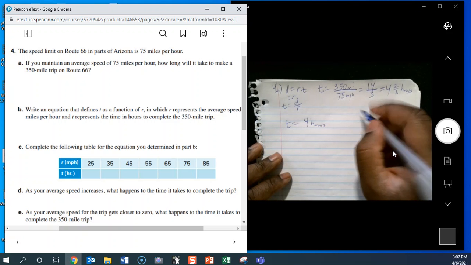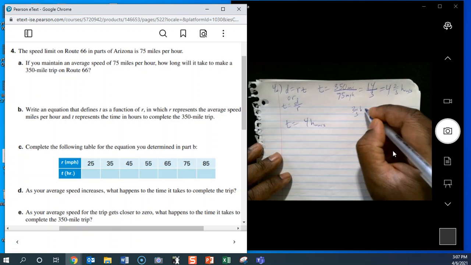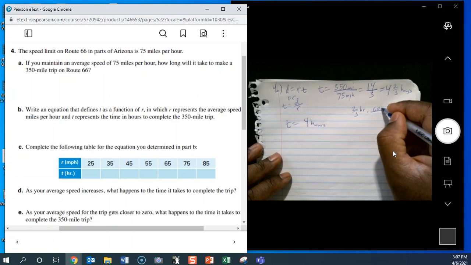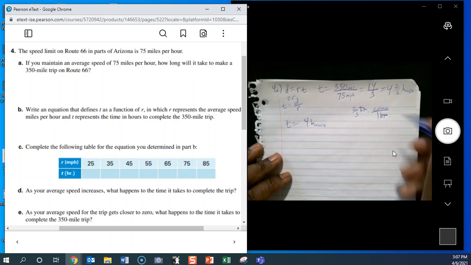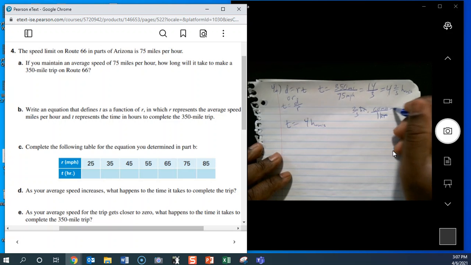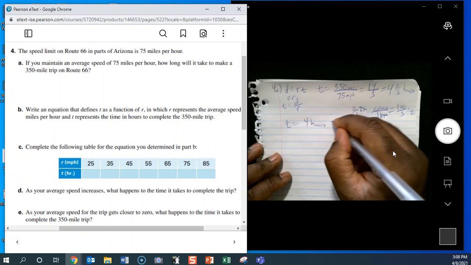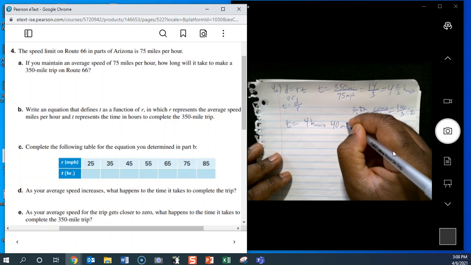We know there are 60 minutes in 1 hour. These hours will simplify out. 2 times 60 is 120 divided by 3, which is 40. So it's 4 hours and 40 minutes.